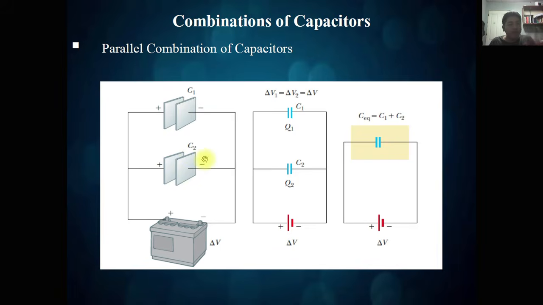Another technique for us to determine if two capacitors are connected in parallel is that they don't have the same charge. That is in terms of capacitors. In terms of resistors, they don't have the same current.